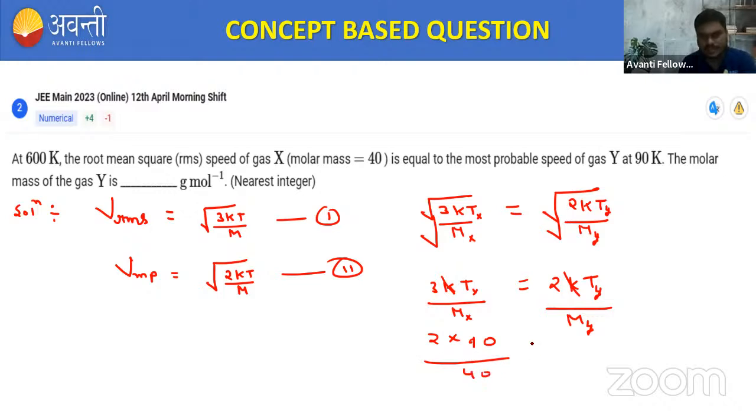That is 40, equal to 3 into Tx. Wait, this was Tx, there was a mistake here. What is the temperature of x? 600 Kelvin. And this is 2 into 90 Kelvin, and my is what you need to calculate. So my is equal to 2 into 90 divided by 3 into 600, a very simple calculation.